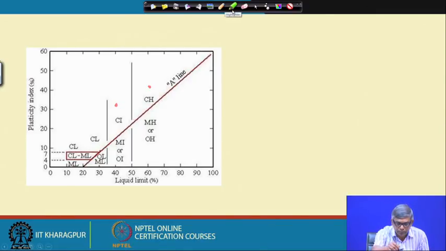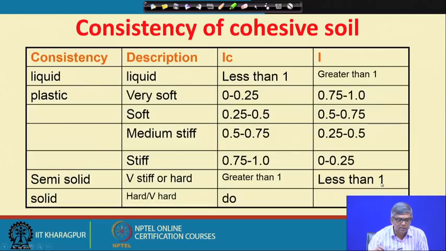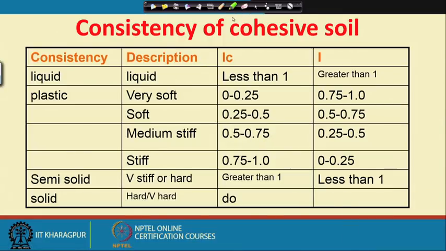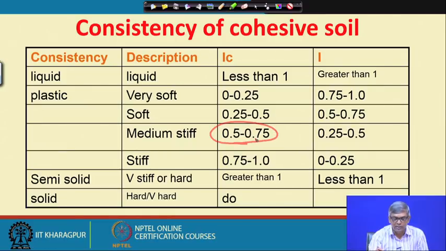And now if you want to see the consistency, I can show you the next table. This is the table. You can see that the value 0.58 for soil A falls in this range, so the consistency of soil A is medium stiff.